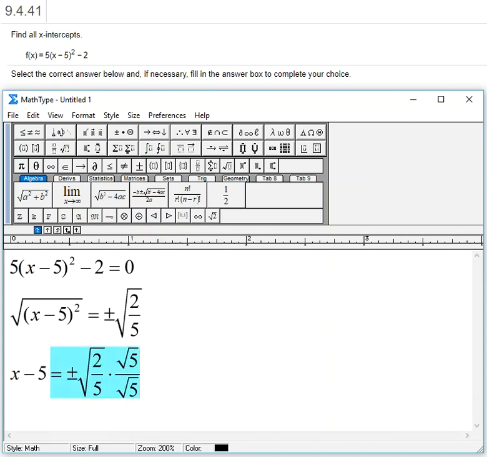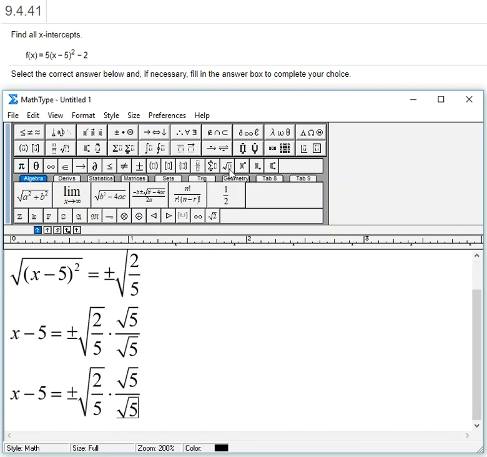Let me just copy again because it makes it easier for me to continue. When I finish multiplying, right here on the top, 2 times 5 is 10, and the bottom, 5 times 5 is 25. So now we finish the multiplication.